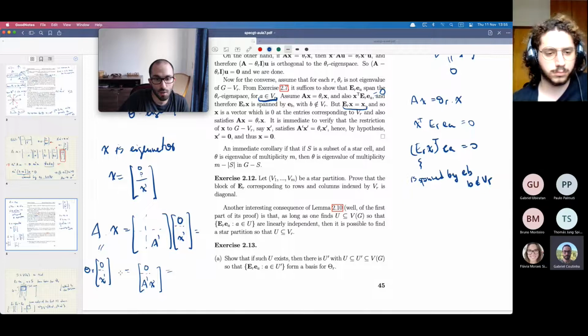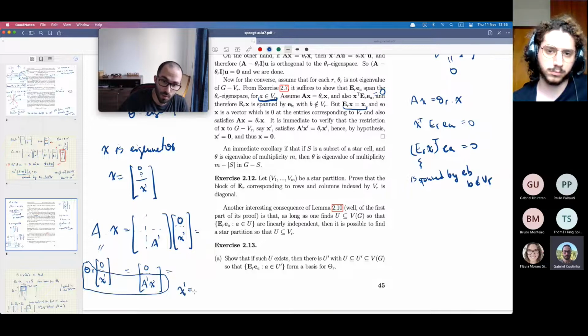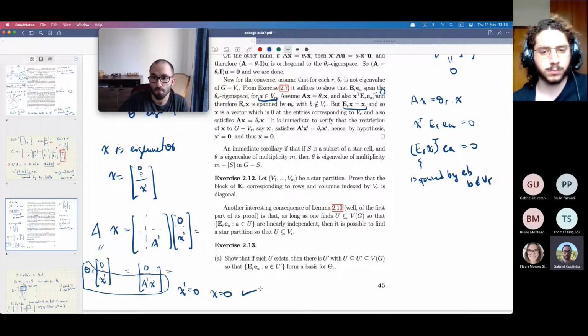So the conclusion is that these two things are equal, and therefore X prime is an eigenvector for theta r to A prime, but by hypothesis this does not occur, so X prime must be 0, so X is 0, and we are good to go. So this is not possible, and we're good to go.